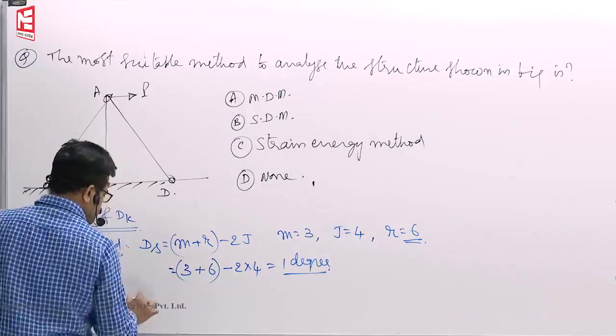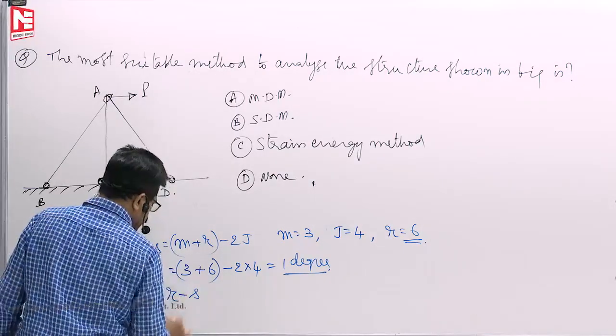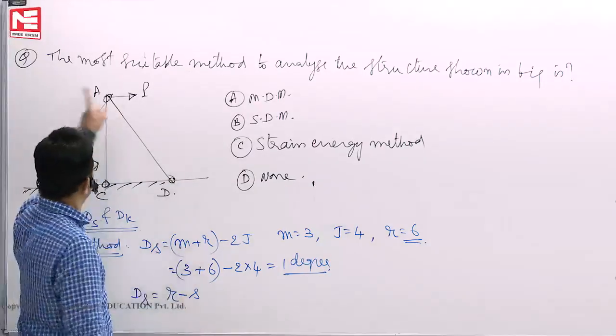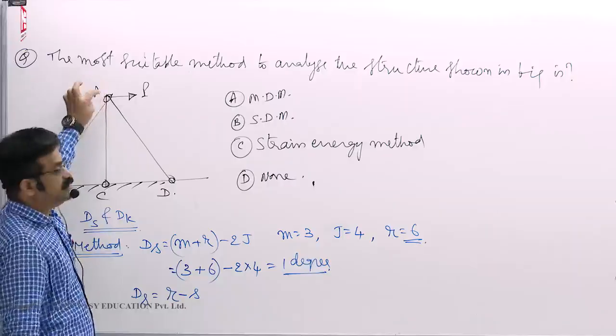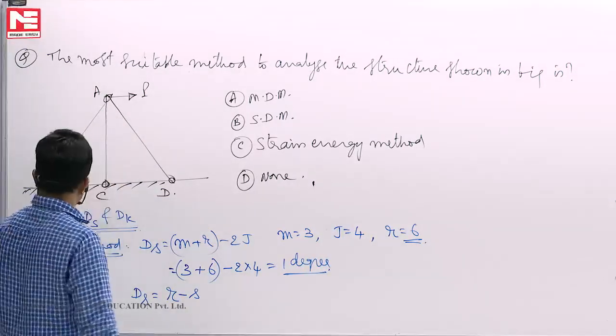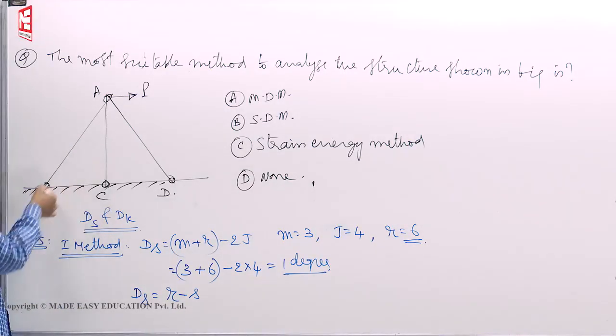Suppose you don't want to use this formula, you want to take simply r minus s, number of unknowns minus equations of equilibrium. How many unknown member forces are there? If you take joint A, only 3 unknown member forces. If I know 3 member forces, HB, VB resultant RB has no choice.